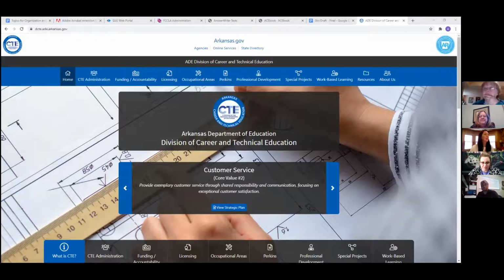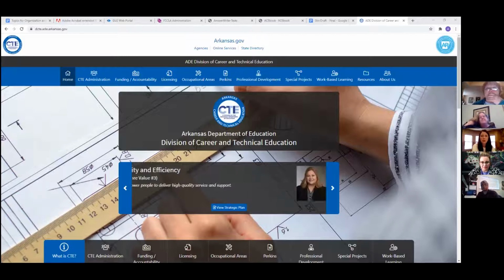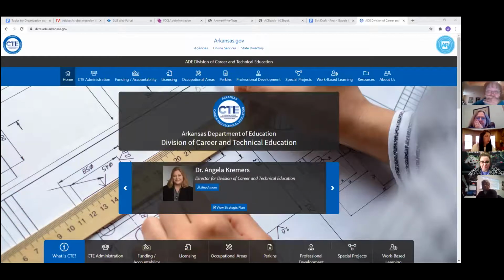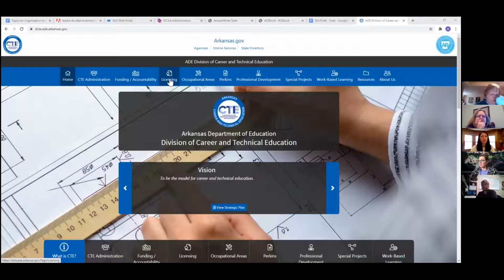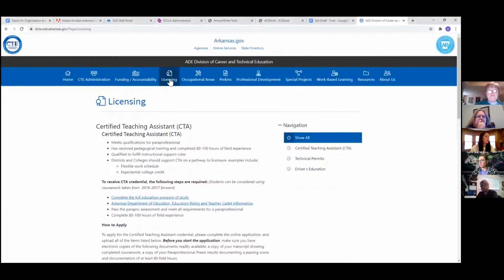Thank you. So when you're looking for the CTA certification, which your students will actually complete on their own, you'll go to the dcte.ade.arkansas.gov website, and then at the top tabs, you're going to click on licensing, and then you're going to see the certified teaching assistant.